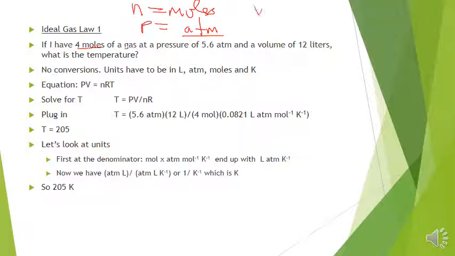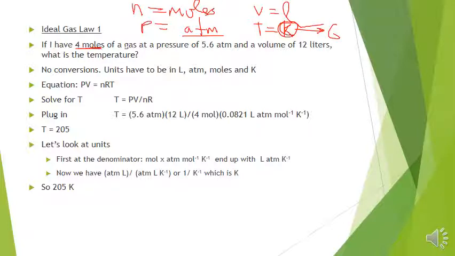Volume is always going to be in liters. And temperature is always going to start out as Kelvin, but it could end up in Celsius or vice versa. You can use the equation only when it's Kelvin. There's no change here either. You're not going to see the volume changing or the pressure changing. You're only going to have to find one of the variables based on the others.